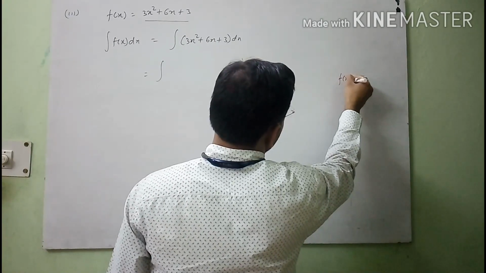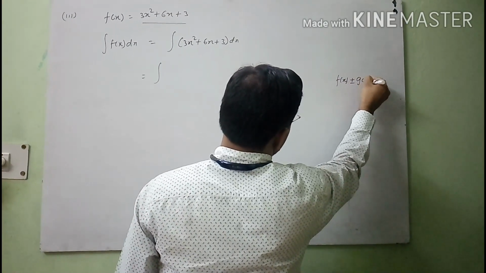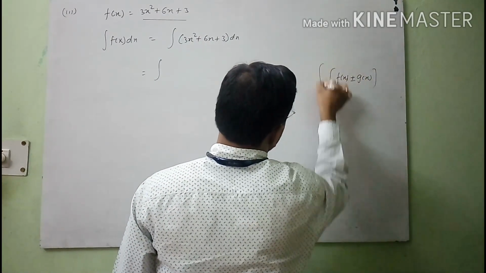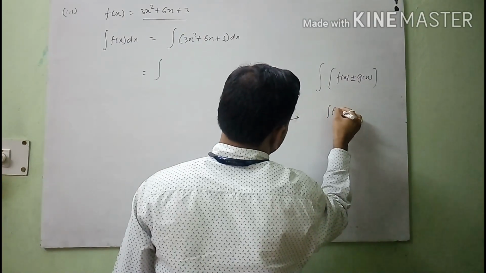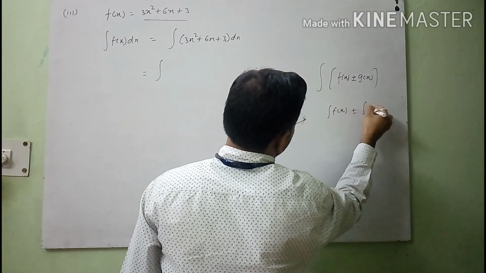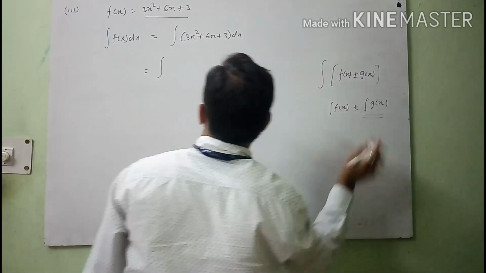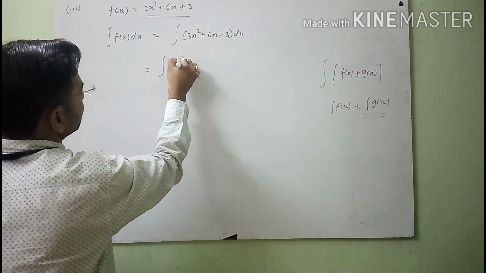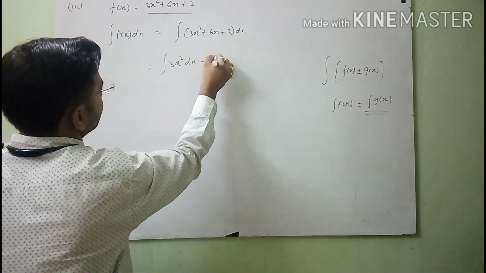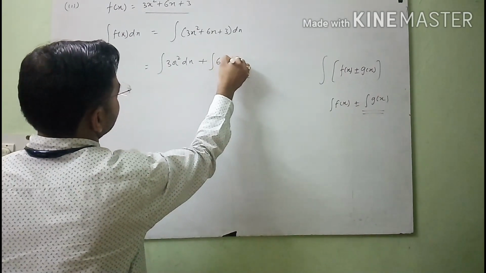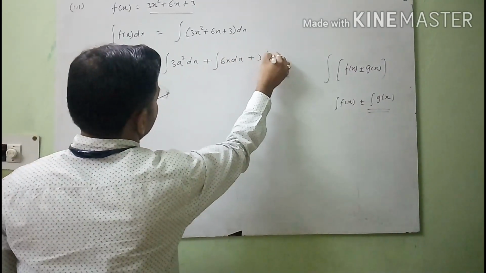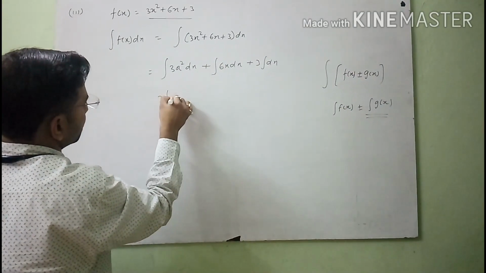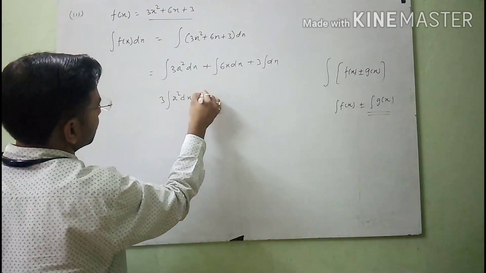I told you, if you have a function like that and you want to integrate, then you will split first, then solve. Clear? So in this way you will split out individually. So see the solution here.